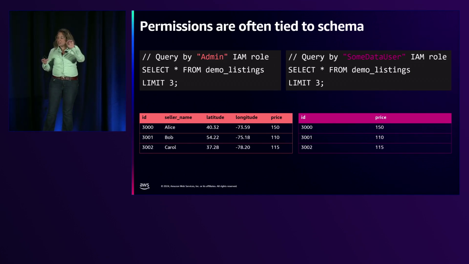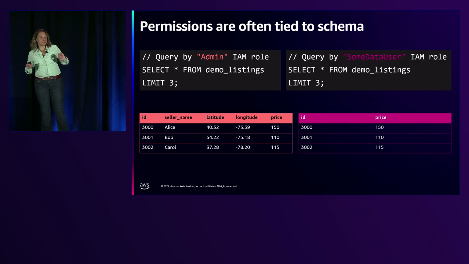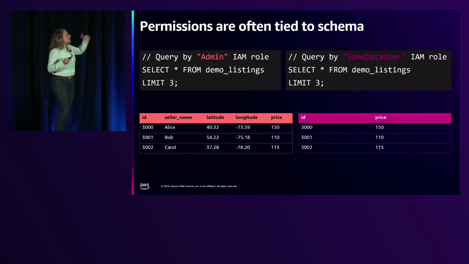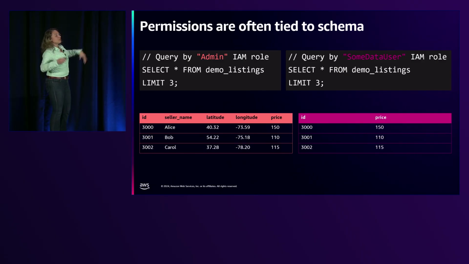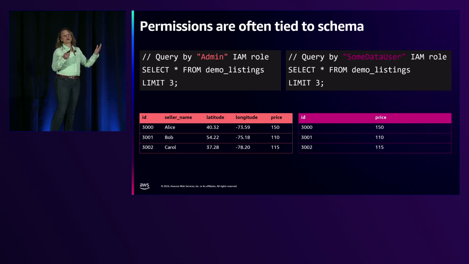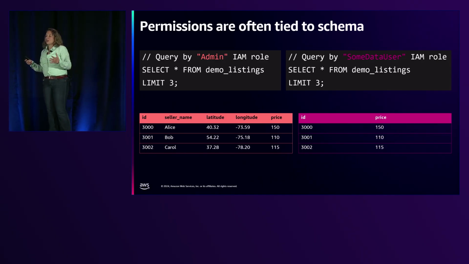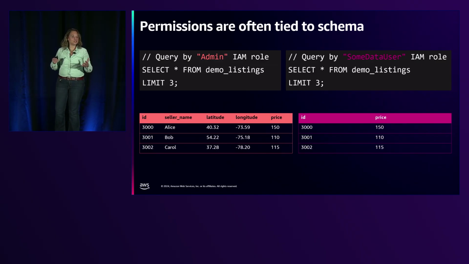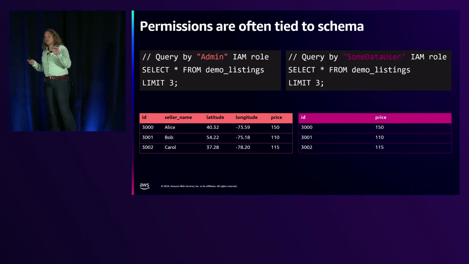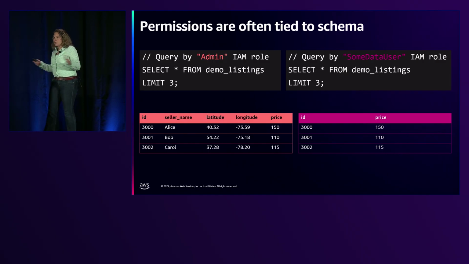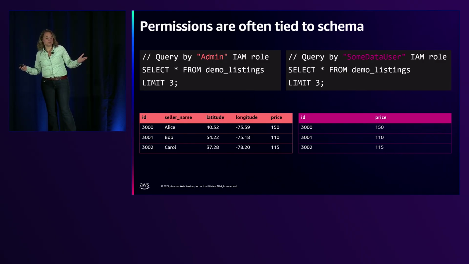So you need different views of the data in that S3 bucket. I might have an administrative user who is allowed to see everything, so when they do select star, they see all the columns. But I may have other users who I don't want to show the geographic location. Maybe I consider that sensitive data. So when they do select star, I want to show them only the stuff they have access to.